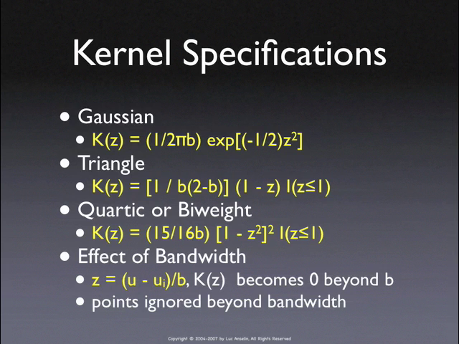So the Gaussian, the triangle, and the quartic are the ones that you will see the most in the literature. You don't actually have to worry about this. The software computes it for you. And in practice, as I mentioned, how this works is you set up a grid system, and then at each point of the grid, think of this as a moving disk. You have the disk that computes the distances to the points within the disk. These become fractions of 1.